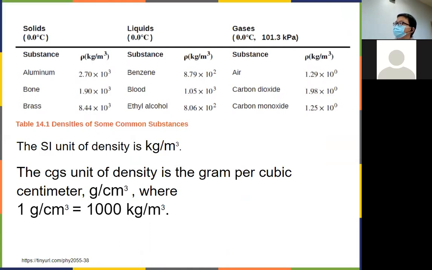That's also used often. I believe in the lab you guys used CGS units for the density, so grams per centimeter cubed. Some materials' densities are listed over here. If you need some of the numbers, you can refer to this table.